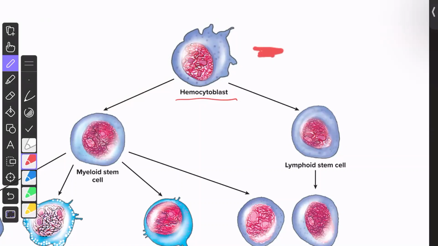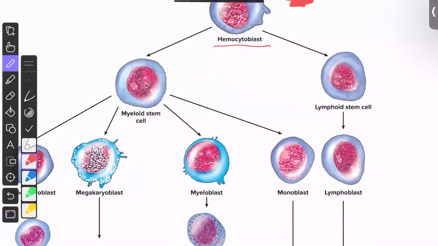Blasts build, cytes maintain. Right. So hemocytoblast is a building cell for blood cells. So all of the blood cells, red, white, platelet, in my brain, red, white, purple, all start with this hemocytoblast.